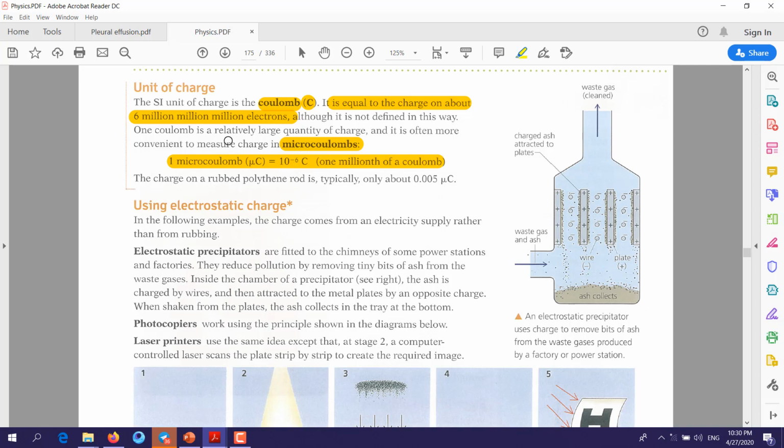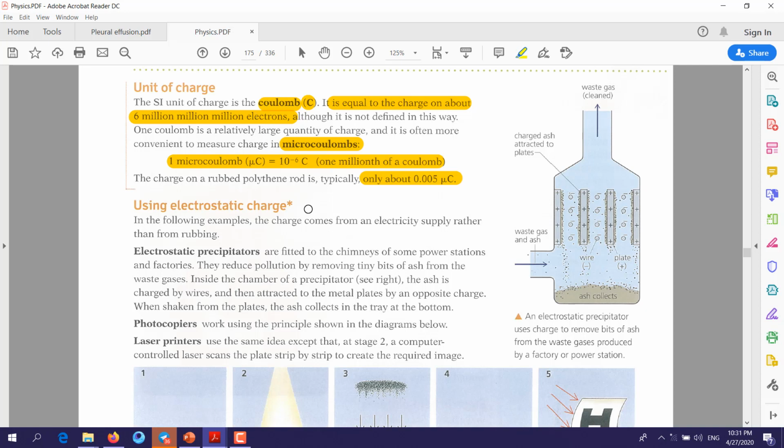It means 1 over 1 million. The example of why they use microcoulombs here: the charge on a rubbed polythene rod is typically only about 0.005 microcoulomb.